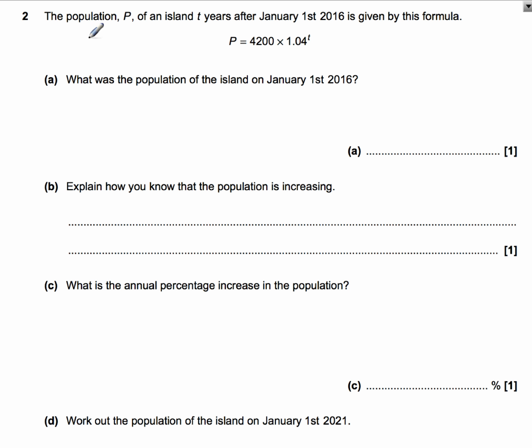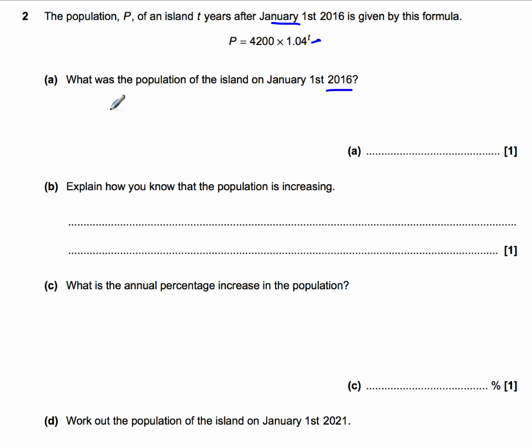Okay, second question. If we have a read, the population P of an island T years after January the 1st, 2016 is given by a formula. What is the population of the island on January the 1st, 2016? Well, actually, no time has passed, and T represents the number of years.